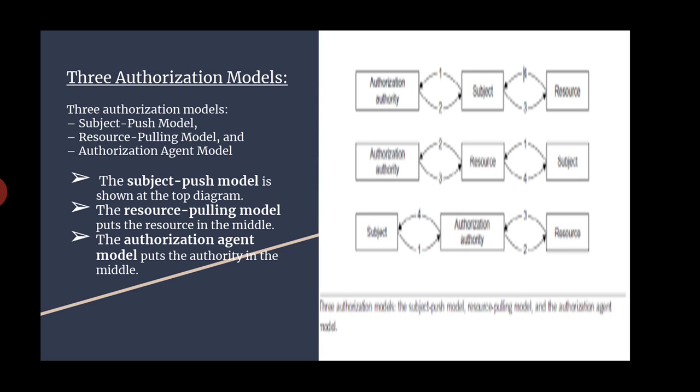This is the concept of the diagram I explained. This is a very important question: briefly explain authentication and authorization methods, and how many models are included in authorization. This is the second concept, authentication and authorization models.